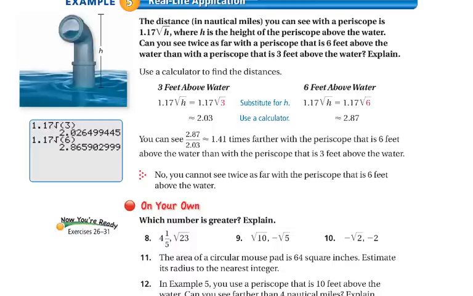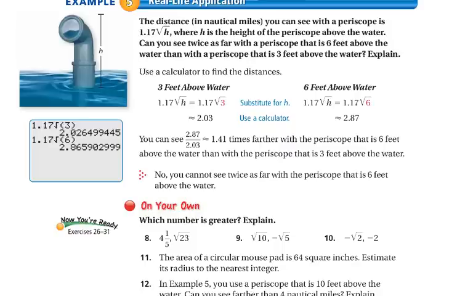Now, on this problem, your book is telling you to estimate by using a calculator. I don't want you to do that. You shouldn't need to use a calculator at all. I want to see you estimating your square roots, okay? It's easy to use a calculator. You know how to use a calculator, but you should understand as well how to estimate. And I'm not a huge fan of estimating, but it's something that you need to do.